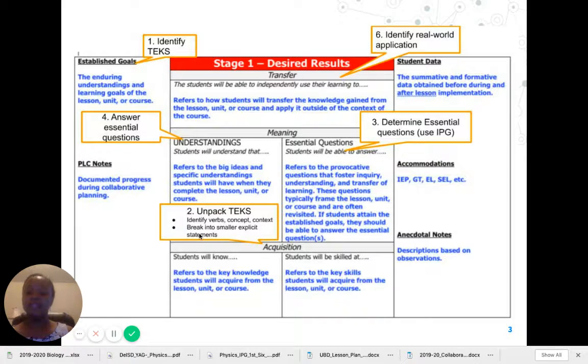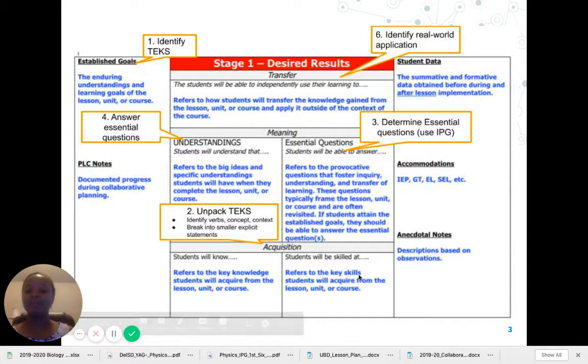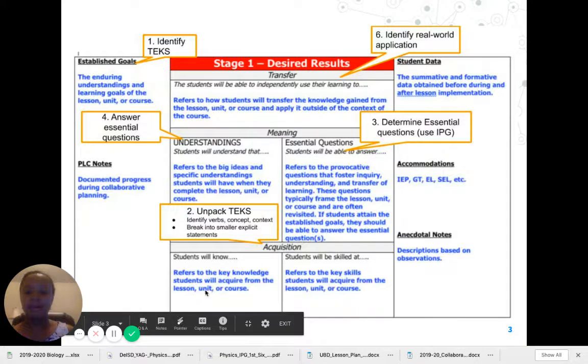And then I want to break it down into some smaller explicit statements. So I'll put the unpacked here and I'll break it down over here. I know it says students will know, and it says students will be skilled at, but that's where I will put those pieces.